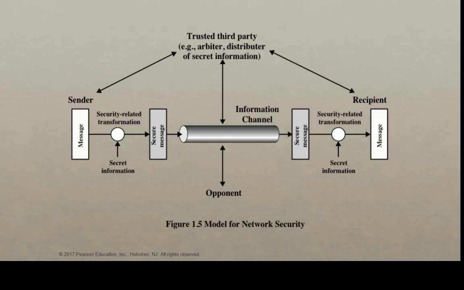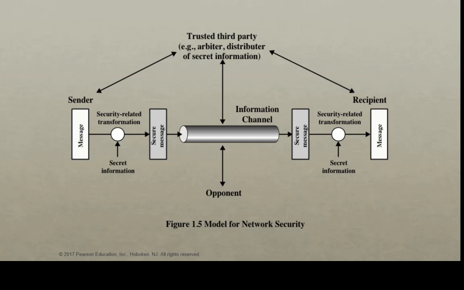Examples include the encryption of the message, which scrambles the message so that it is unreadable by the opponent, and the addition of a code based on the contents of the message, which can be used to verify the identity of the sender. Two, some secret information shared by the two principals, and it is hoped, unknown to the opponent.